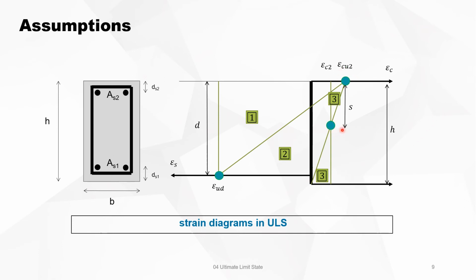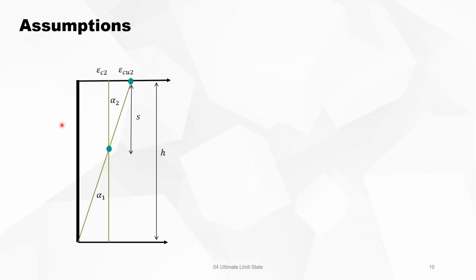The distance where this point is situated is called S. If you calculate where S is, it's quite simple. It's always the same trick we are doing. This angle alpha 1 and alpha 2 are equal to each other.